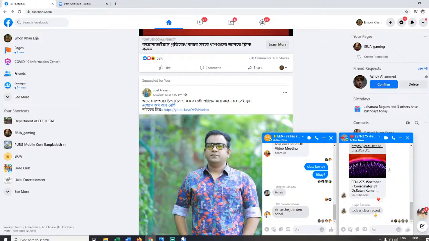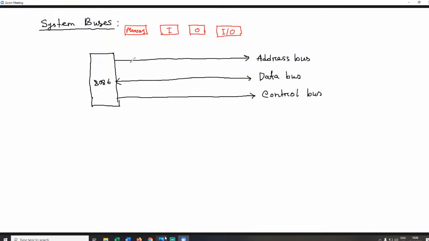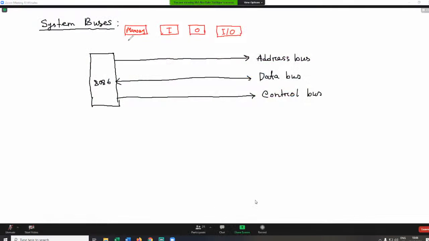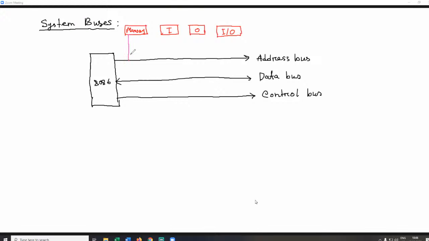So first one is the memory, right? Processor always sends address to the memory device, so it will send address here. And what about input device? Processor will send address to the input device also. The address bus will send address.